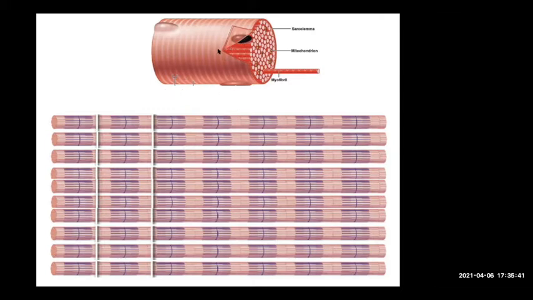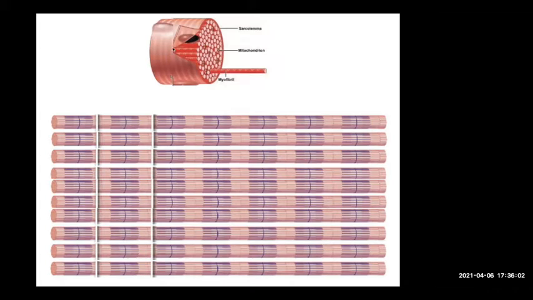Here's the nucleus of the cell, and that muscle cell was packed with myofibrils, the contractile organelles, a series of sarcomeres stacked end to end. As the muscle contracts, what happens? That muscle gets shorter, and it's getting shorter when the muscle fiber itself contracts.